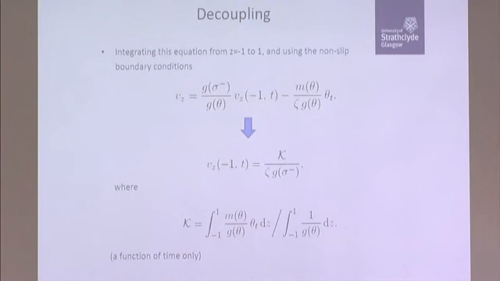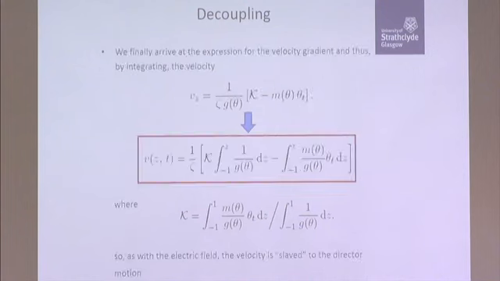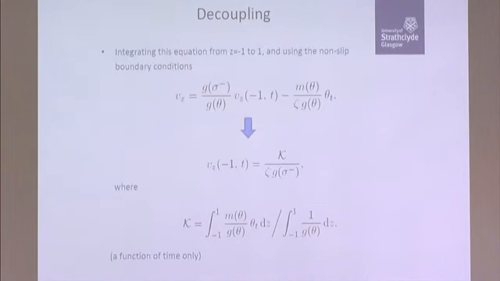Okay, so we're here. So this k here is just a function of time. It's a constant at any particular time, but everything in here depends on time. So for any particular configuration of theta, this is a constant, but obviously theta is then varying in time. Okay, so now using this, we know the value of the gradient of the velocity at the surface.